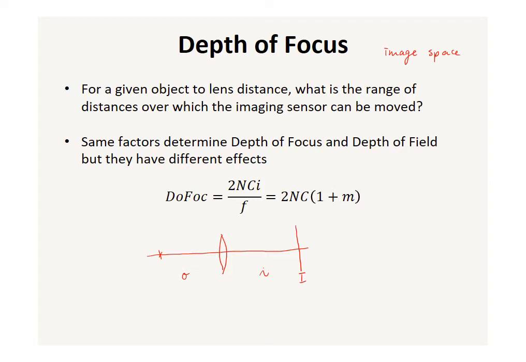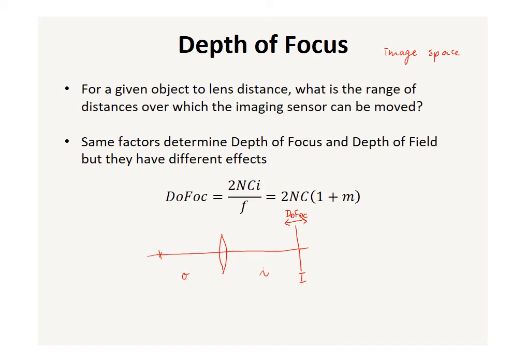So depth of focus is answering the question, how far can I move my image plane and not discern a decrease in the quality of the imaging of my point objects, when they'll still look like point images.